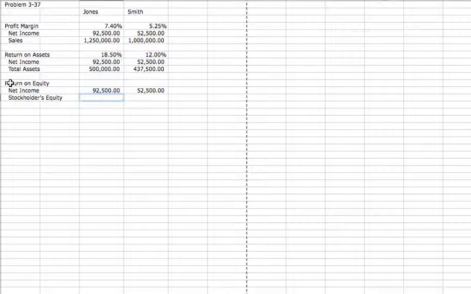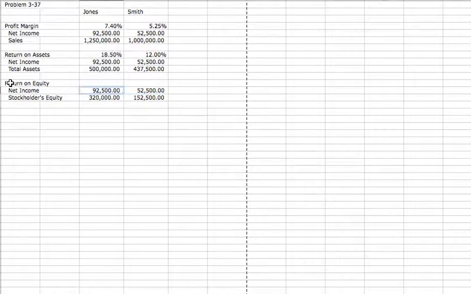We've got common stock of 150,000, paid in capital of 70,000, and retained earnings of 100,000. That's 320,000 for Jones. And for Smith, it's common stock of 75,000 plus paid in capital of 30,000 plus retained earnings of 47,500.